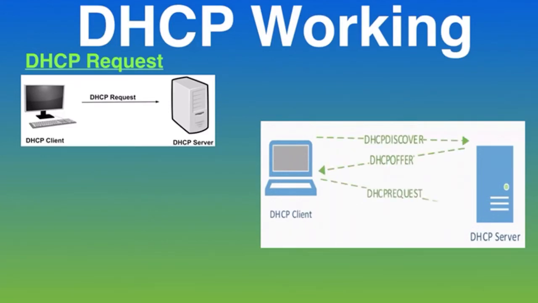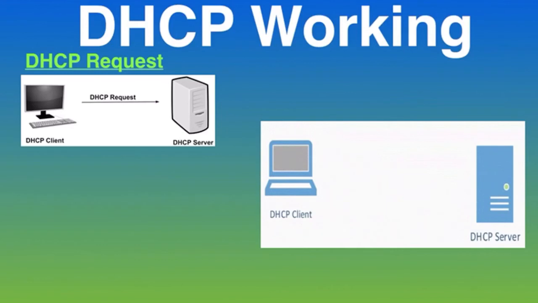In response to the offer, the client sends a DHCP request, requesting the offered address from one of the DHCP servers. All the other offered IP addresses from the remaining DHCP servers are withdrawn and returned to the pool of available IP addresses.